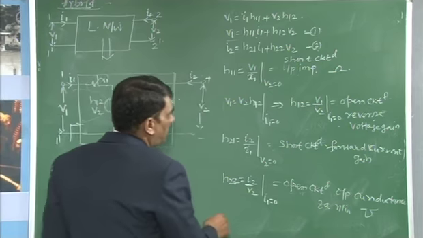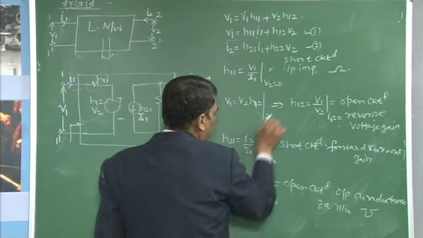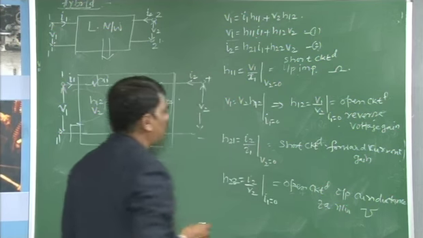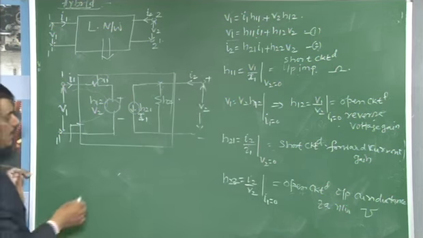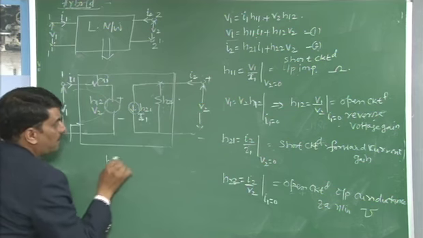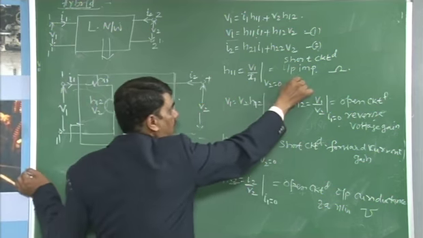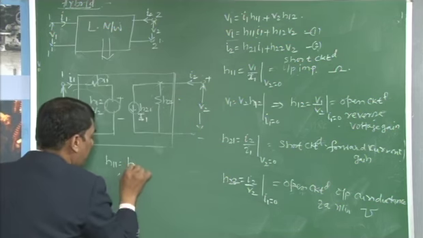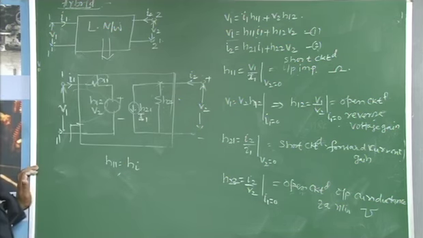After defining this, what do we mean by H11, H12, H21 and H22? H11 is defined as the input impedance we are looking into, therefore it is denoted with the suffix Hi.